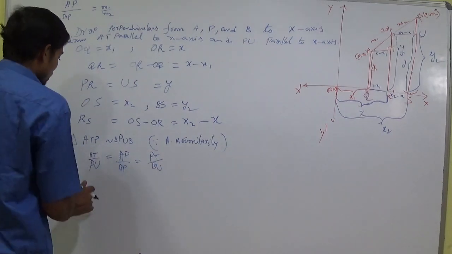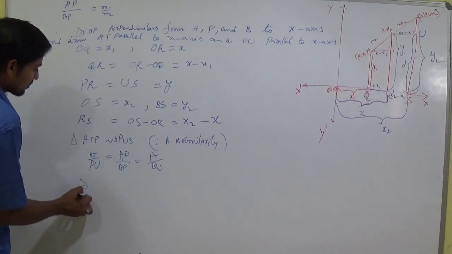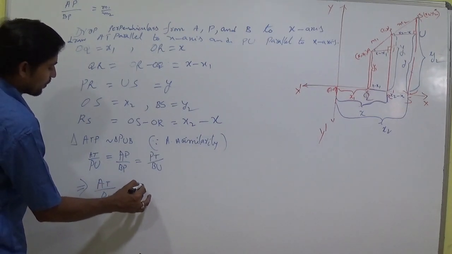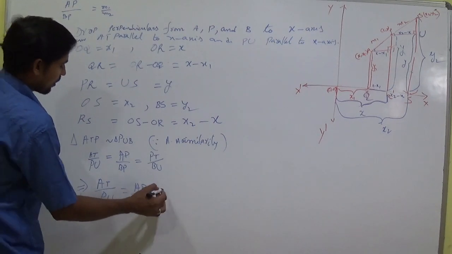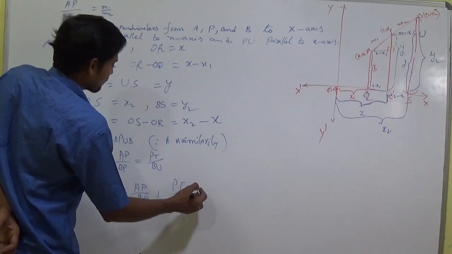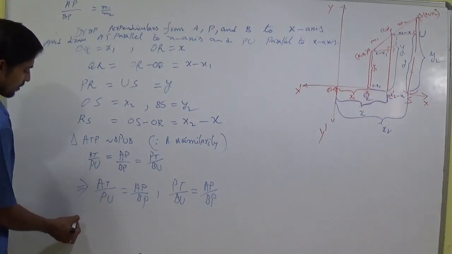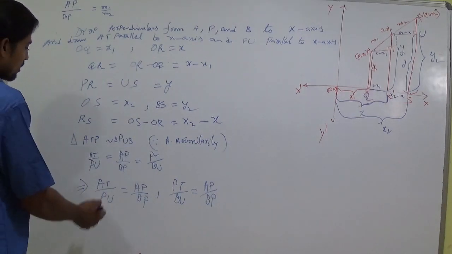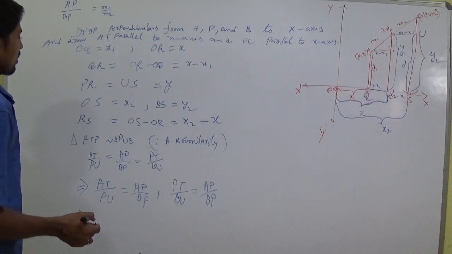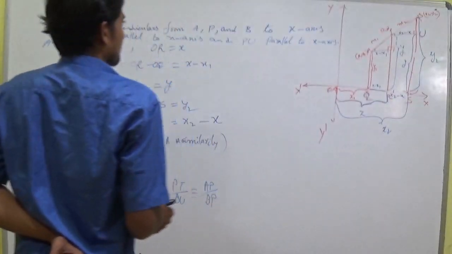So, what is AT here? That implies AT by PU equal to AP by BP, PT by BU is equal to AP by BP. Substitute values. AT is x minus x1.